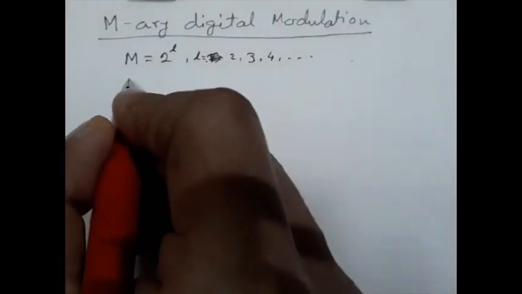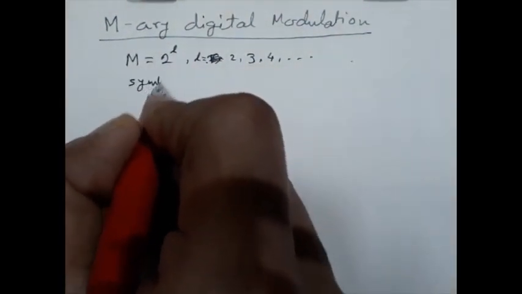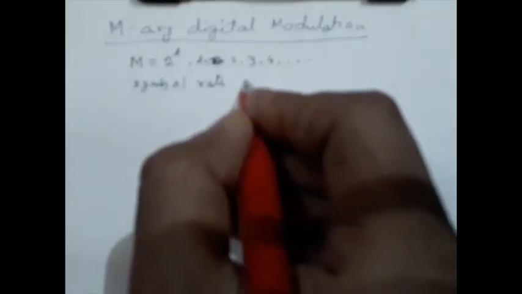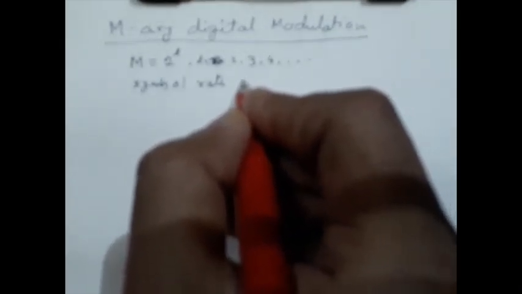So under this case, the symbol rate, that means the number of times the output changes, is also called the baud.